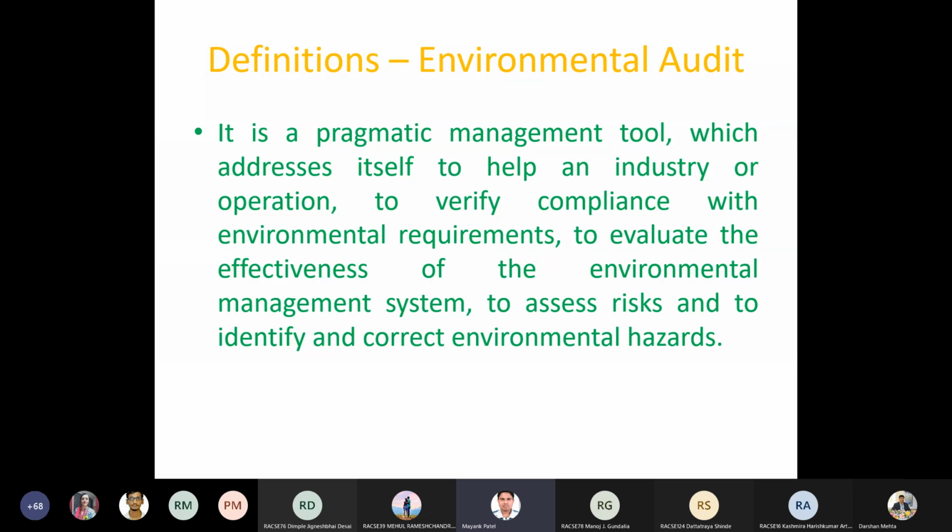So whatever air emission that is emitted to the atmosphere, right, you will take the sample of that emission and compare with the standards given to the industry in the consent, right? So this is how you check this effectiveness of EMS system.